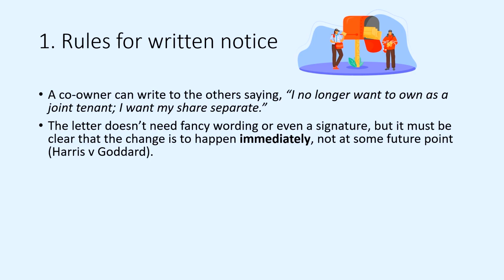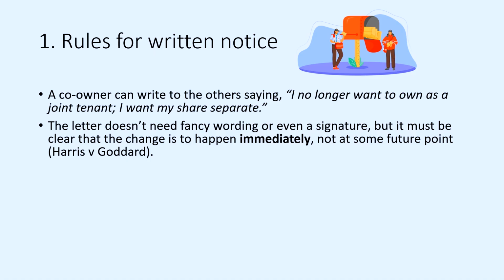Now, it doesn't have to be in a deed, it doesn't have to have fancy wording or a signature or those kind of things. But you must show that you want a severance to happen immediately.